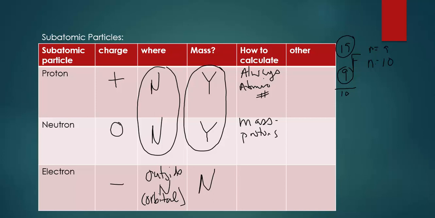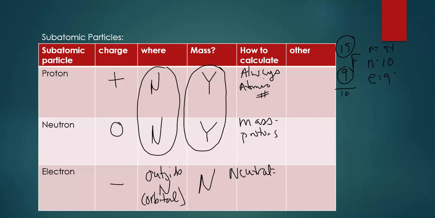So now let's take a look at our electrons. How many electrons are we going to have here? The number of electrons varies. If it's neutral, meaning pluses and minuses are the same, well, if I have 9 pluses, how many minuses am I going to have?